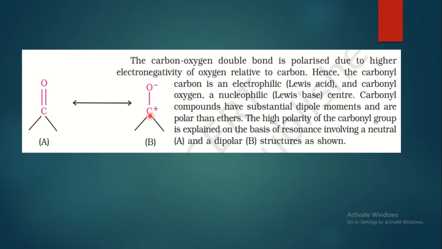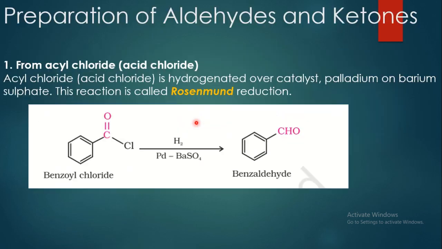So ultimately, carbon will become partially positive and oxygen will become partially negative, and this is called polarization. That means plus charge on carbon, minus charge on oxygen. This much only you need to understand. Otherwise, through the concept you will understand even better.